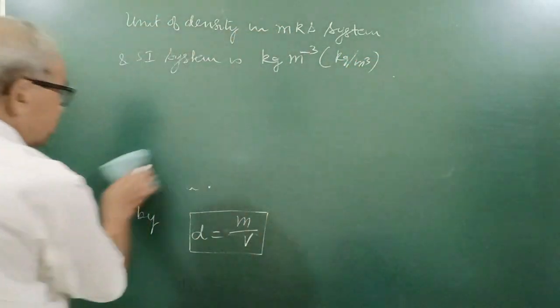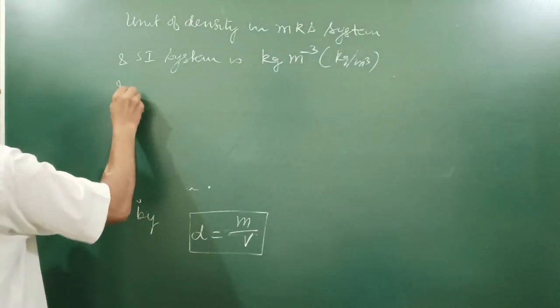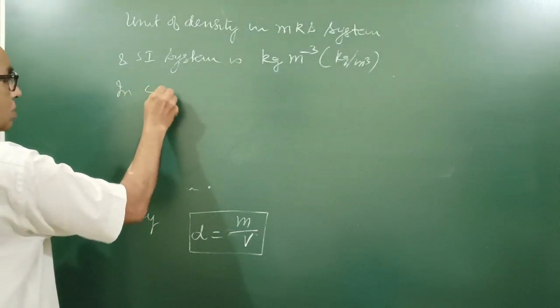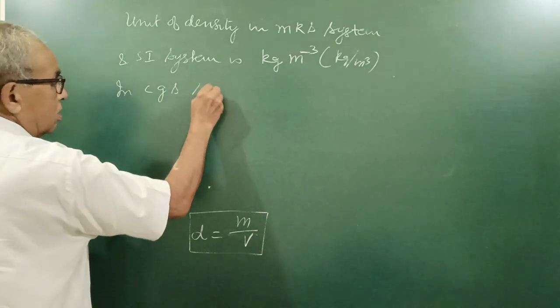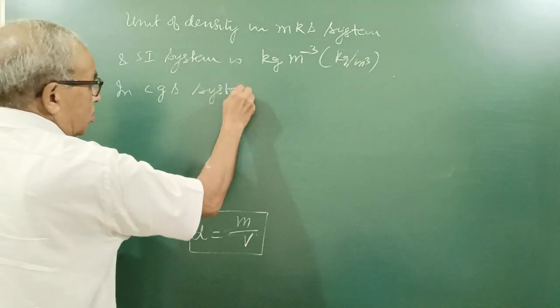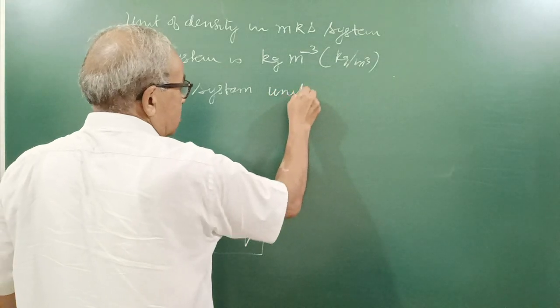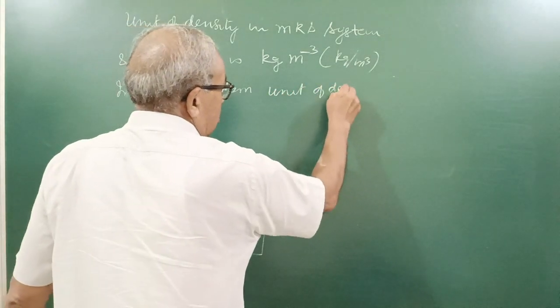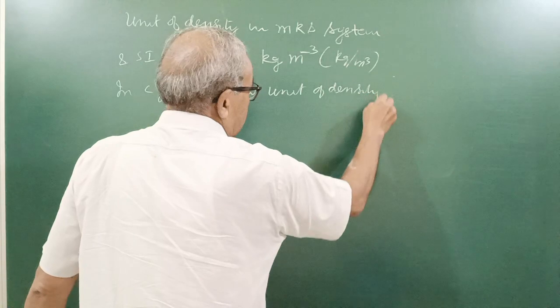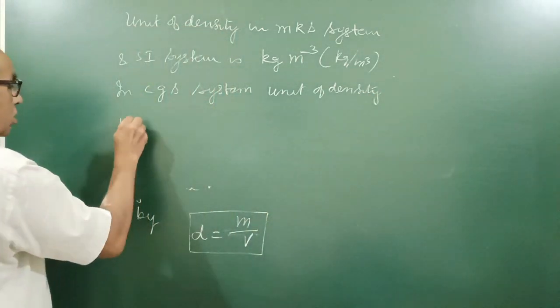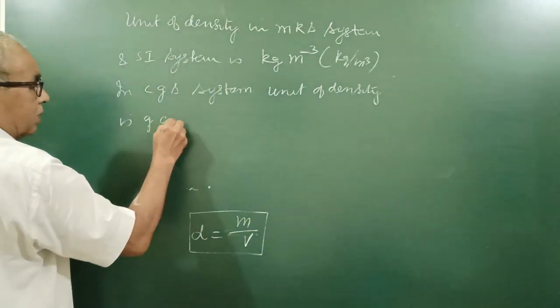In CGS system, the unit of density is gram per centimeter cube.